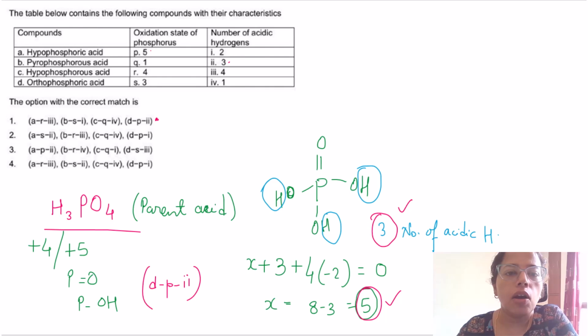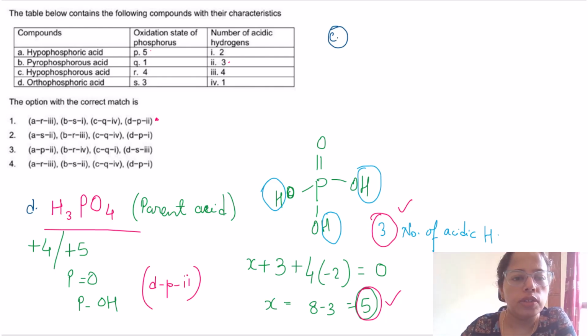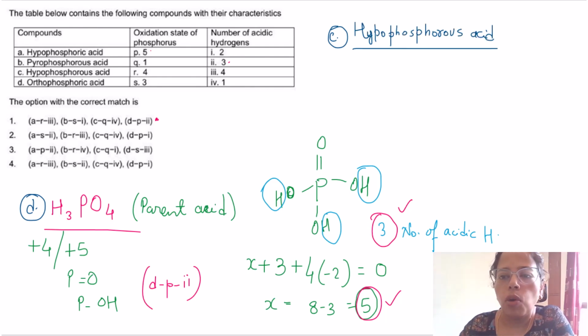Now let's check on what next oxoacid we know very well. The next which we know is hypophosphorus acid. So hypophosphorus is C. Orthophosphoric was D. For hypo, we already discussed that it should have the least oxidation state, and we choose the phosphorus acid category here first because that only has 2 options, either +1 or +3 oxidation state.